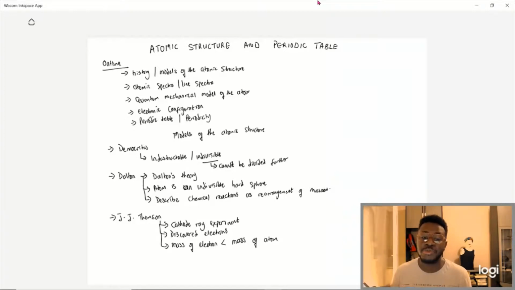So he disproved Dalton's model, the Dalton's theory, and he gave forth his own theory. He made his own theory. His theory was called the plum pudding model.